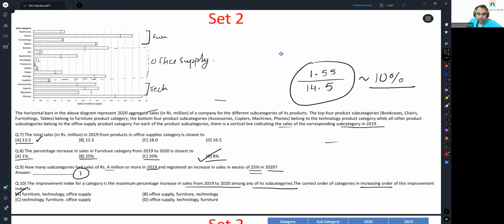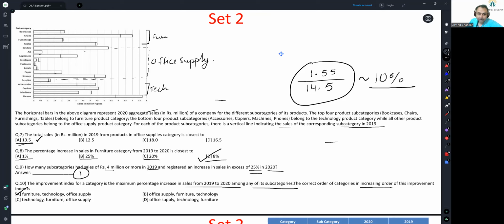You will get to a number that you like, either 13.4 or 13.35 or 13.5 precisely, or 13.55, 13.75. Even if you make mistakes, you're not going very far away from 13.5. That will work. Then they're asking percentage increase in sales in furniture category. Then you would have to write down all four values, 2020 and 2019, and then get to your answer.